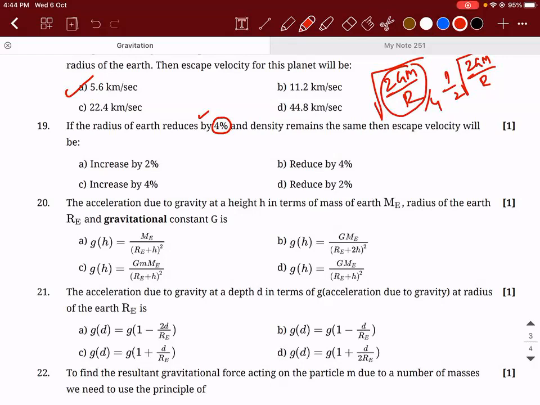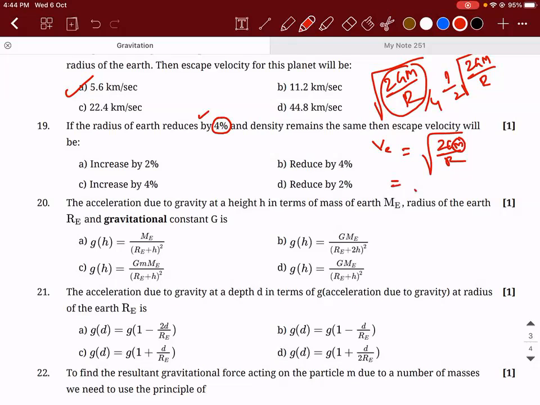We need to frame a relation, right? Yes, sir. What is the relation you framed? Sir, escape velocity depends on. So escape velocity is equal to root of 2GM divided by R. How will you write mass of the planet in terms of density? Volume into density.